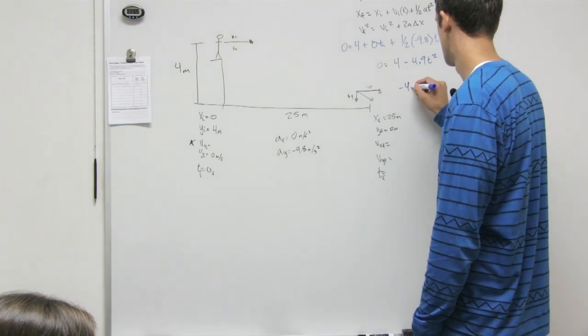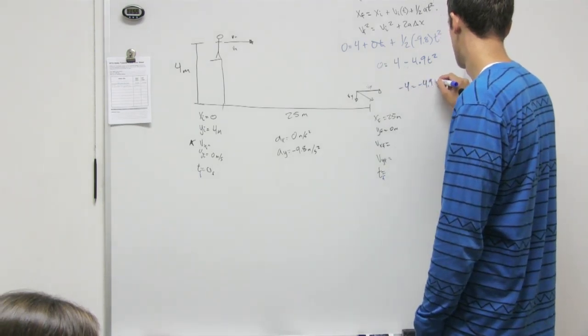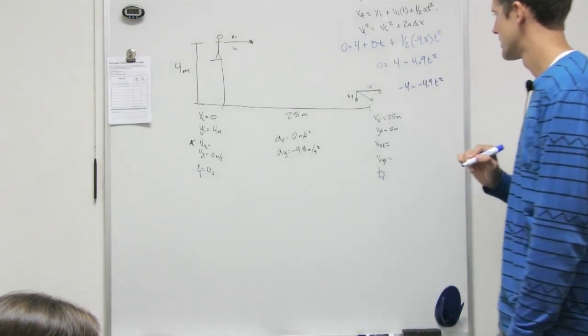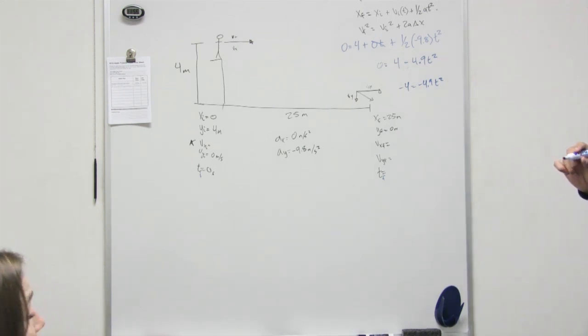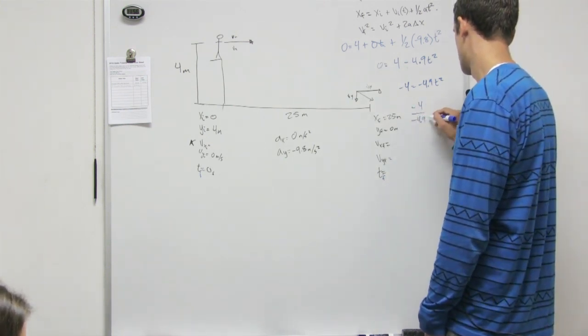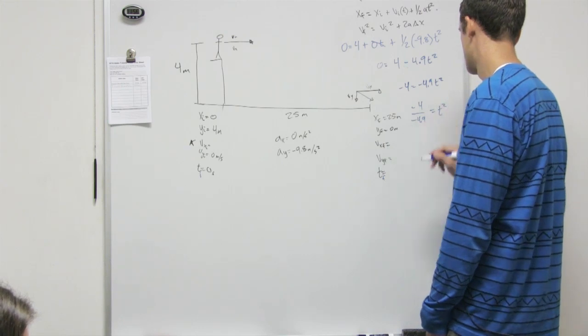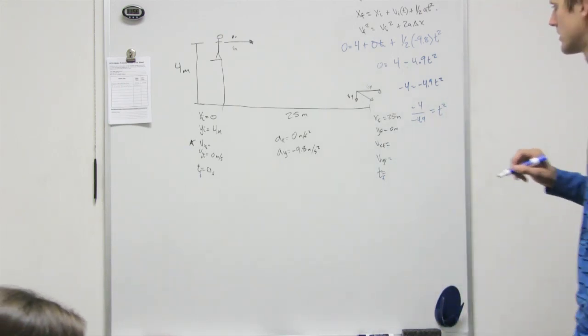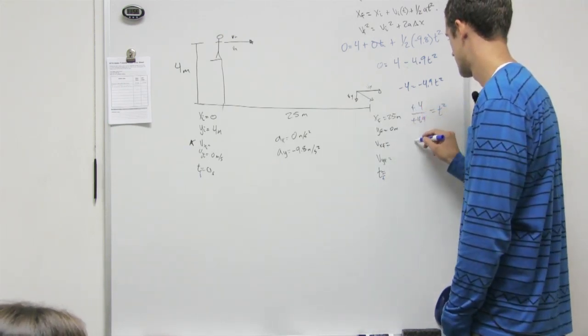Negative 4 divided by 4.9. Calculator. 4 divided by 4.9 is 0.816.